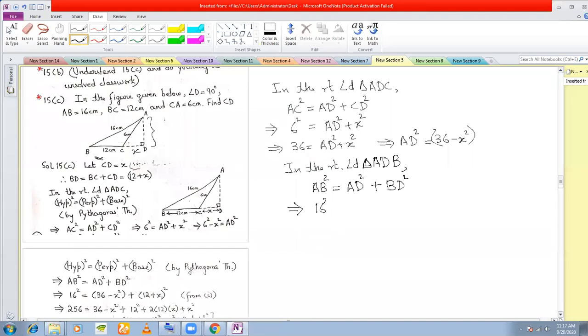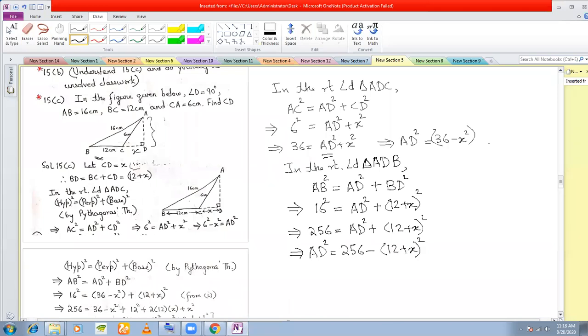AB is given to be 16. AD I write as it is, and BD is what? 12 plus x. So that means 16 square is 256 is equal to AD square plus (12 plus x) whole square. That means AD square is 256 minus (12 plus x) whole square.